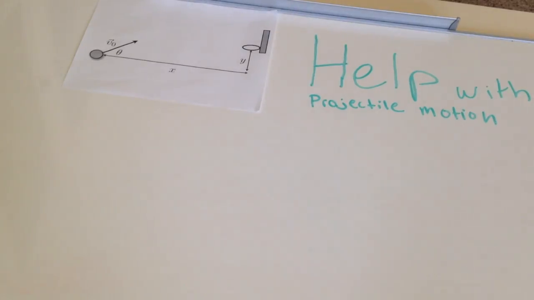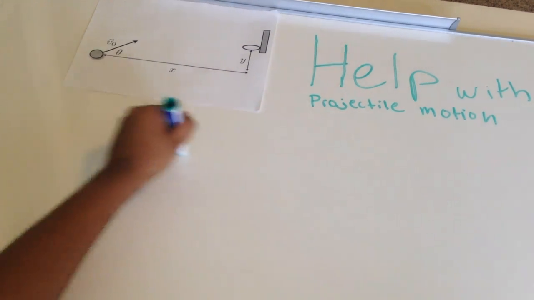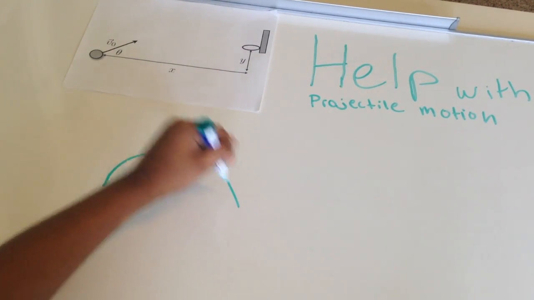Hi there, welcome to the help video, where you will learn all about projectile motion and how it can improve your shot percentages. First and foremost, projectile motion is a form of motion in which a projectile is thrown as it moves along a curved path under the action of gravity.